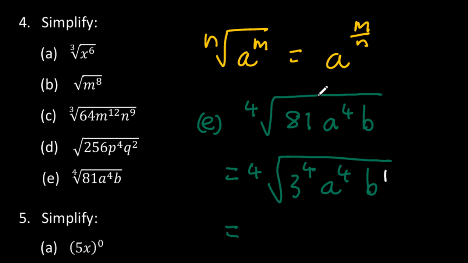So, applying this law, we can divide all the powers under the fourth root by 4. So it's going to be 3 to the power of 4 divided by 4, which is 1. So 3 to the 1, or just 3. 4 divided by 4 here is 1, so we get a to the 1, or just a. And then b to the 1 divided by 4. So b to the power of a quarter.